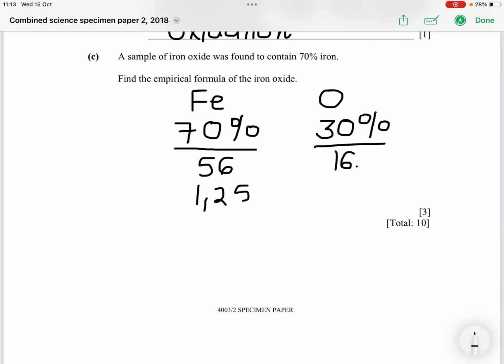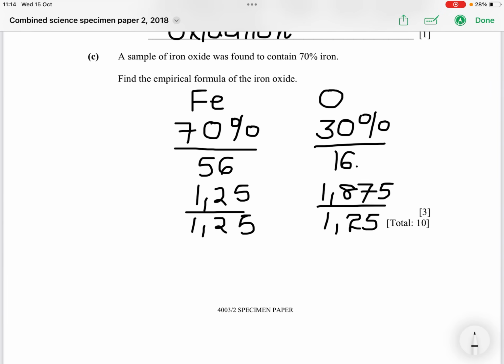So here we are going to have 1.25, and then here we are going to have 1.875. We divide by the smallest number of moles, which is 1.25. So here we get 1, here we get 1.5. The moment you get 1.5, you don't round up.